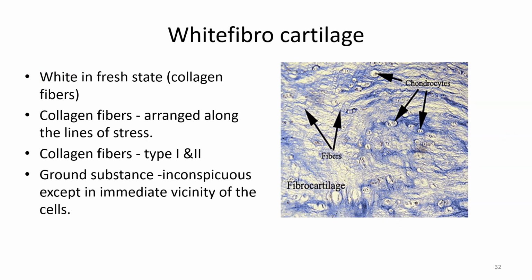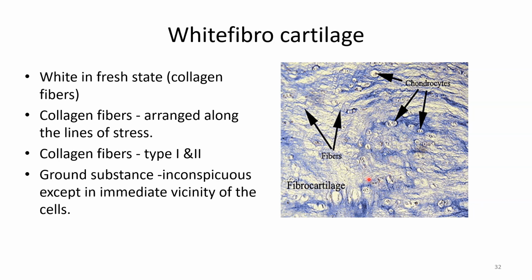Coming to the white fibrocartilage. It is called white fibrocartilage because it looks white in the fresh state, and it consists of collagen fibers which are arranged along the lines of stress. So you will find the collagen fibers running in different directions as they are along the lines of stress of this cartilage.